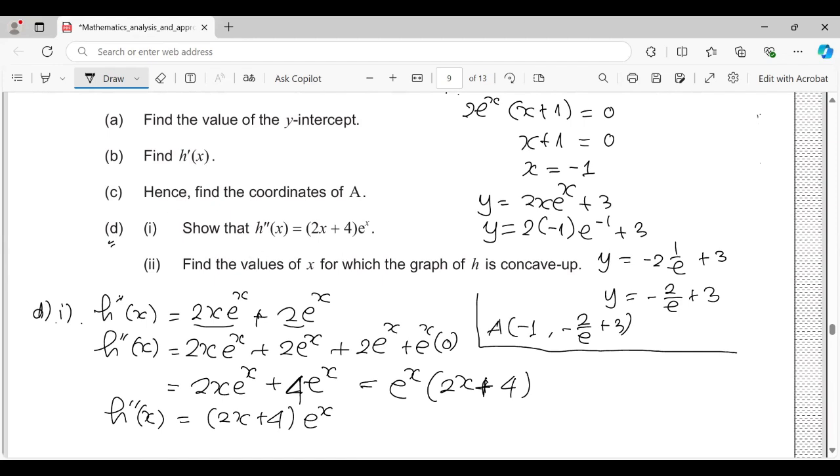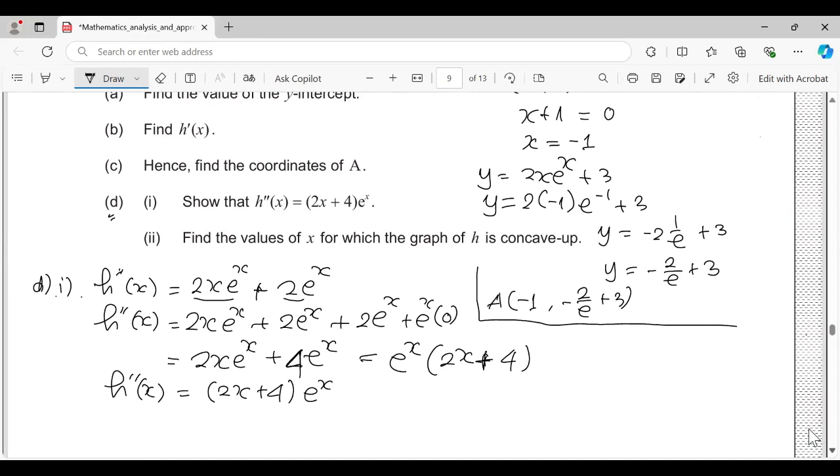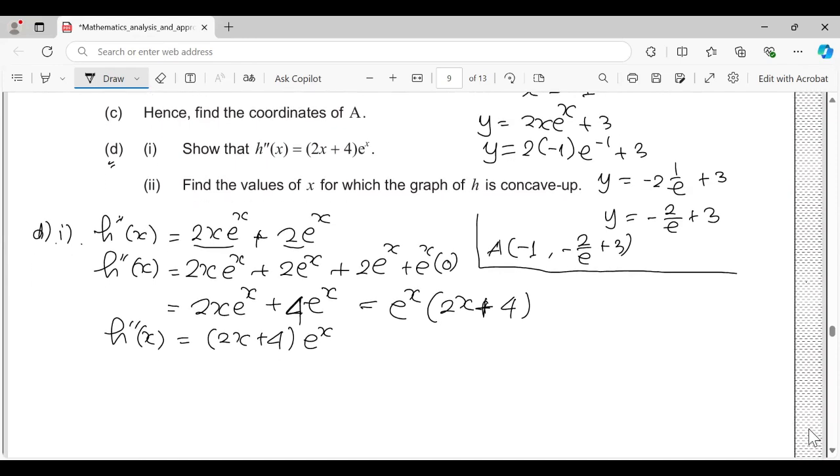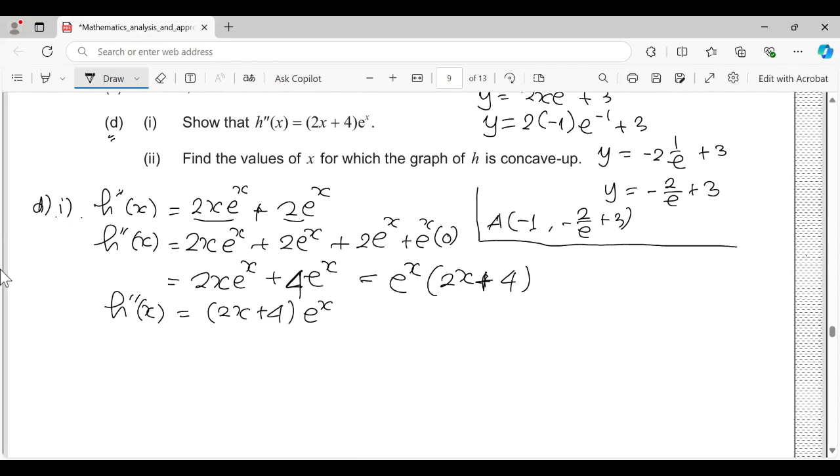Find the values of x for which the graph of h is concave up. Okay, if concave up, it means the second derivative should be greater than 0.